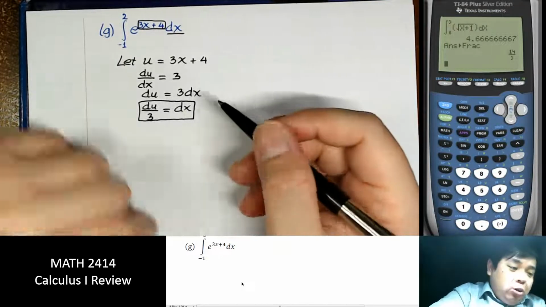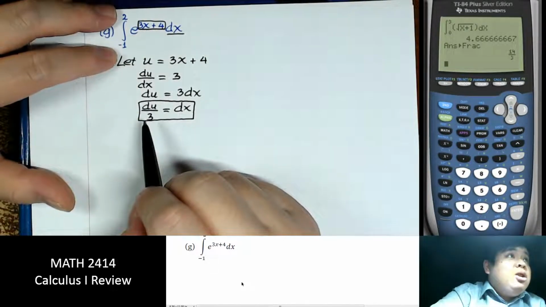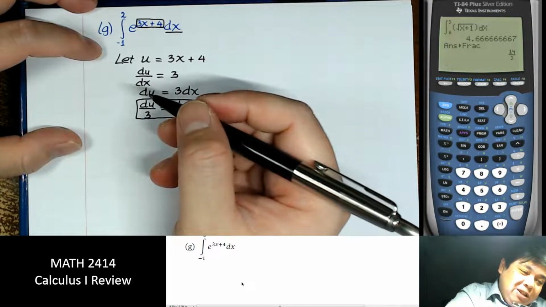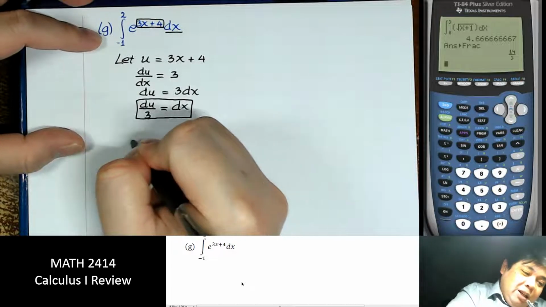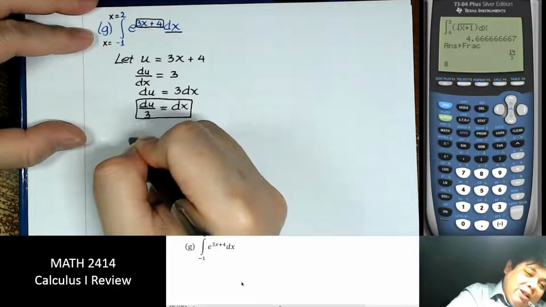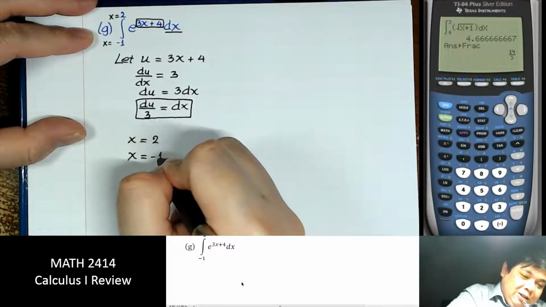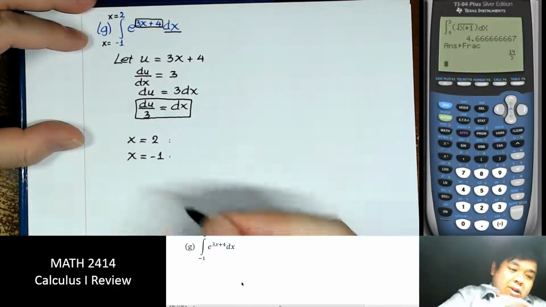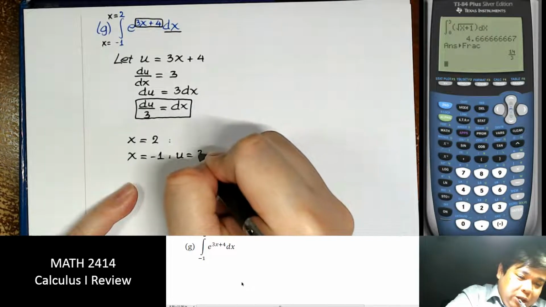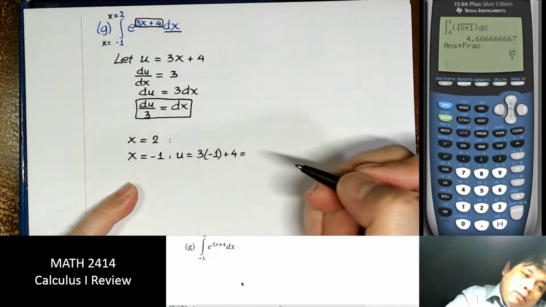Right. So we just do the substitution. U and then dx. Now we convert the limits as well. Originally x equal to -1 to x equal to 2. When x equal to -1, u equal to 3 times -1 plus 4. So that is 1.